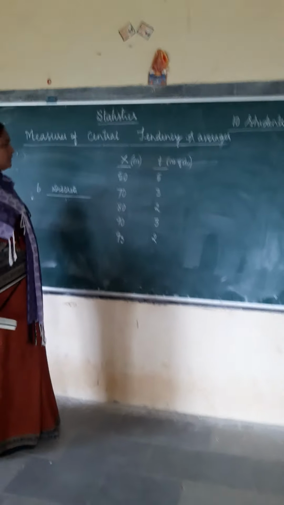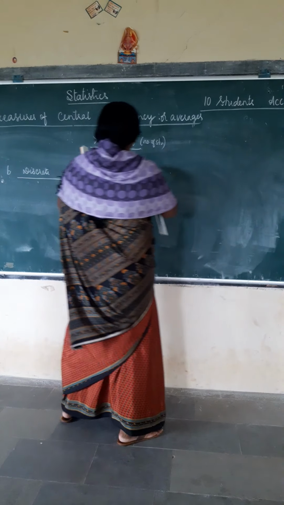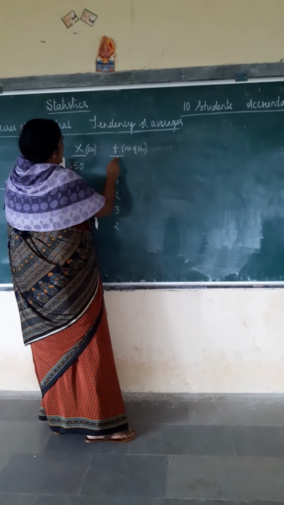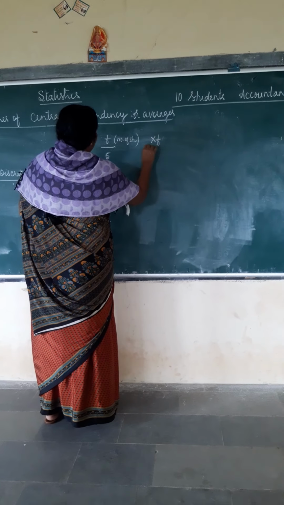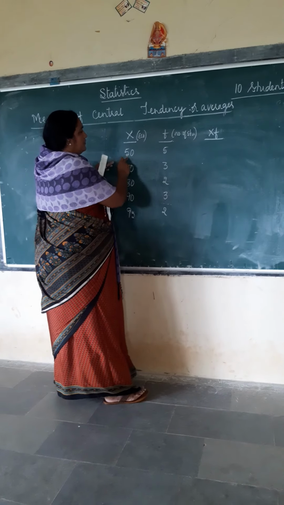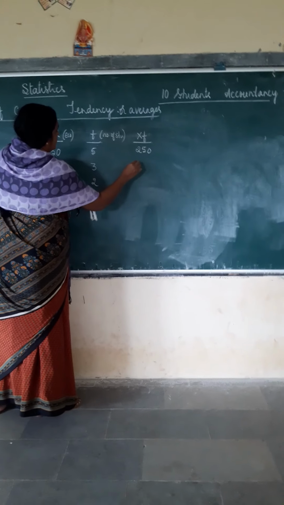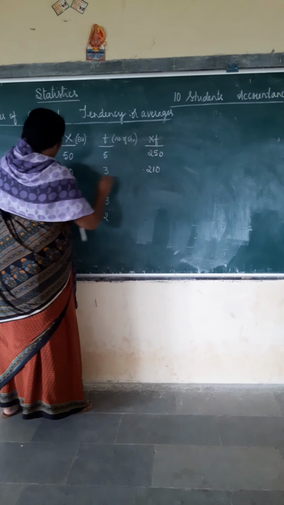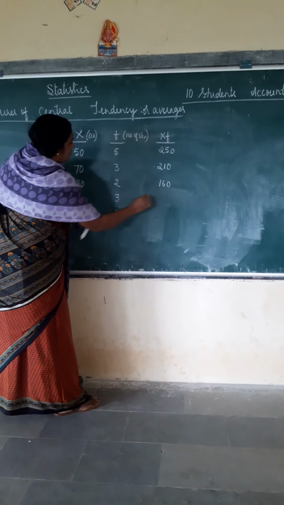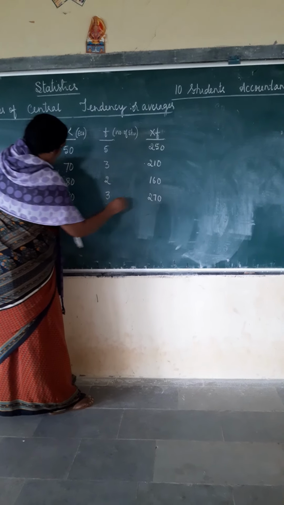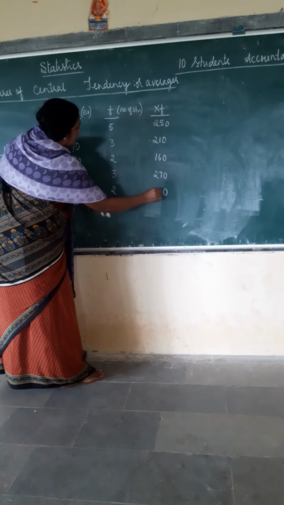So now how to calculate this? We have to take the sum of x and f, that is x into f. So 50 into 5, 250. 70 into 3, 210. 80 into 2, 160. 90 into 3, 270. 95 into 2, 190.